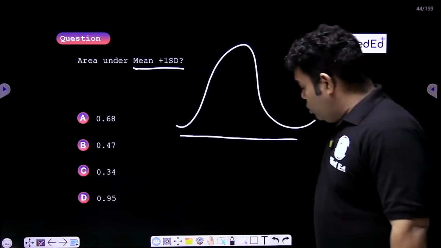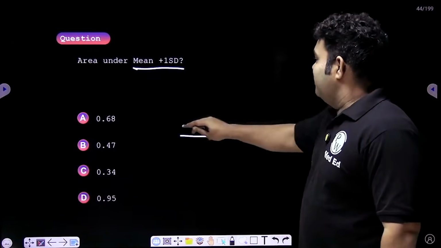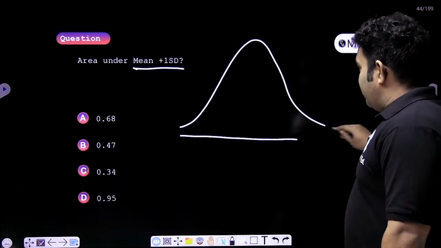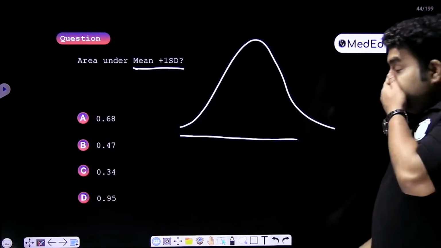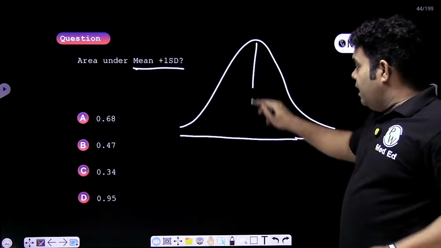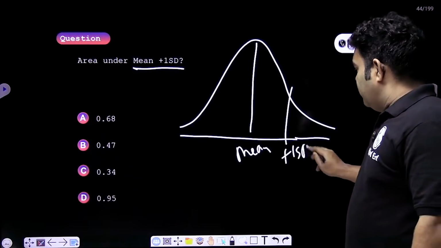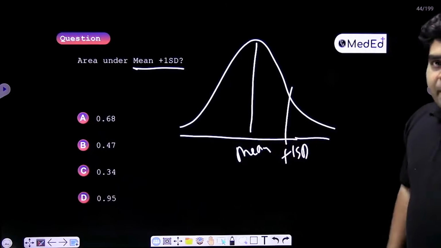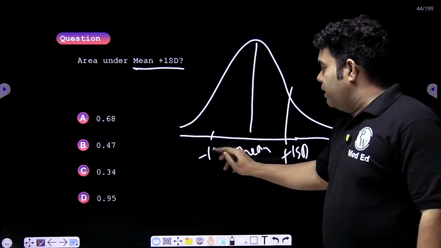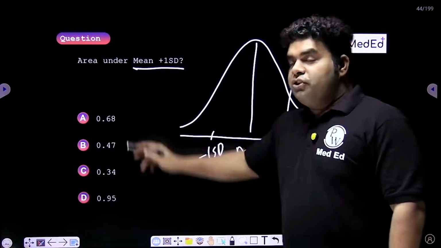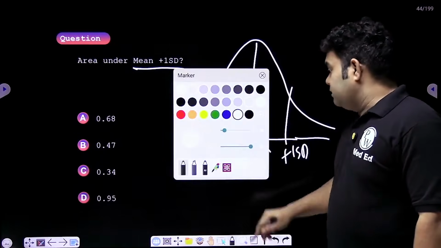This is a standard normal curve. They are asking, what is the area between mean and +1 standard deviation? They are not asking ±1. If they ask ±1, then the answer will be 68. But here they are not asking ±1.